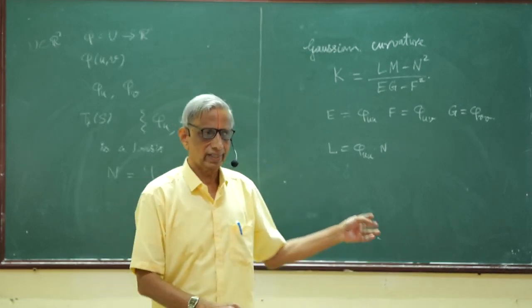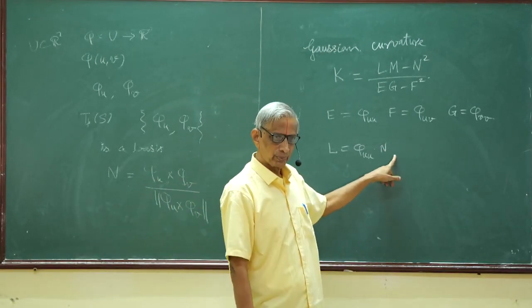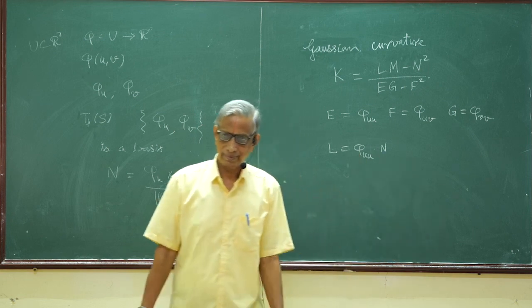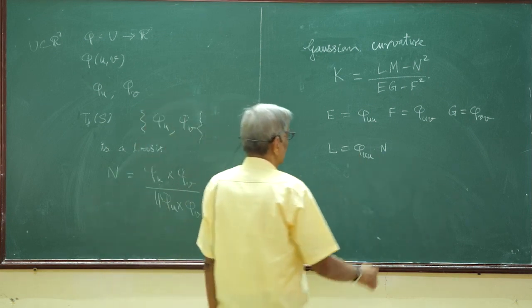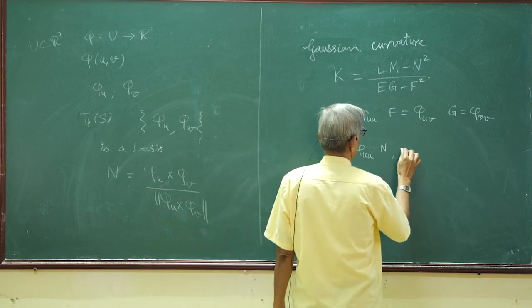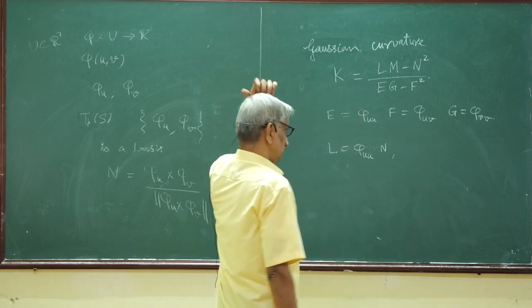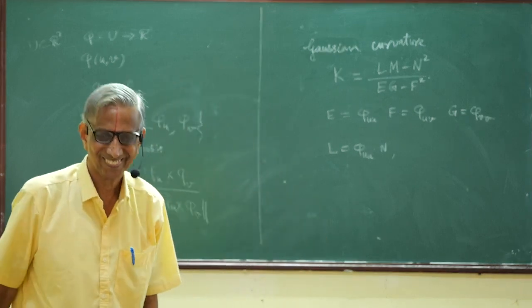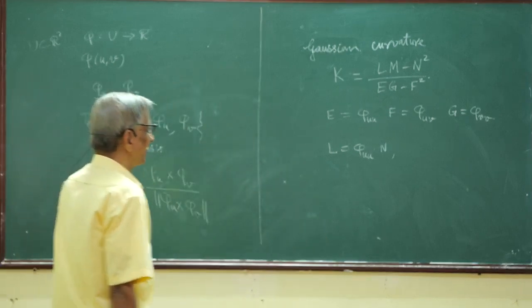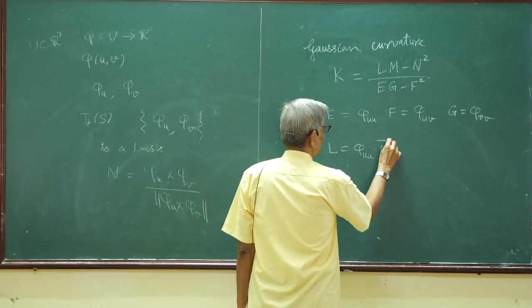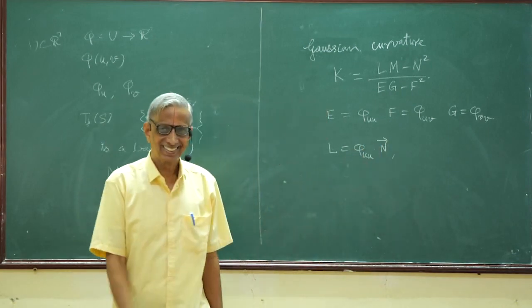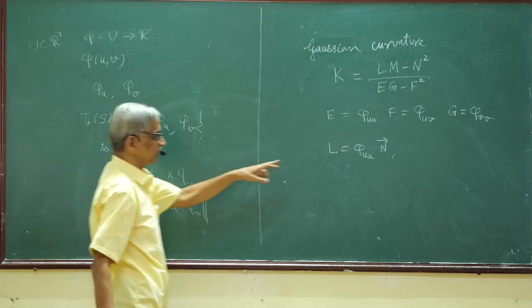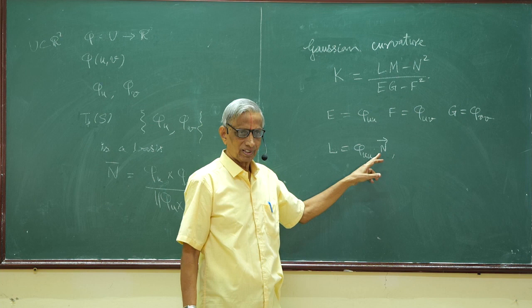So you can also write it as phi u dot N u and so on, right? Or phi dot N uu, etc. So this N is your normalized normal, right?